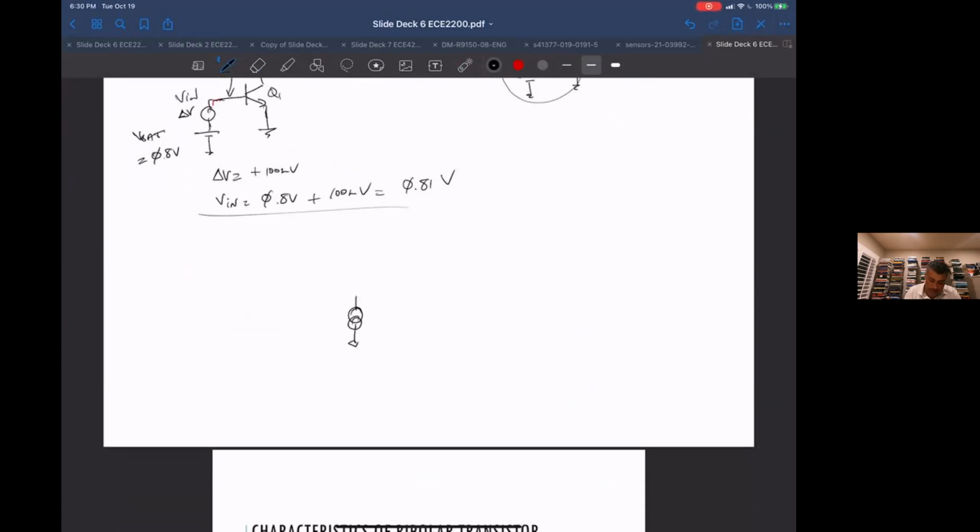So I can replace this Q1. I can pretend it's a current source with a current I sub C. Then I have a resistor R sub L, which is equal to 100, and I have this VCC of 10 volts.